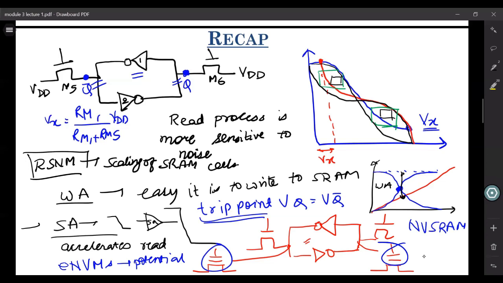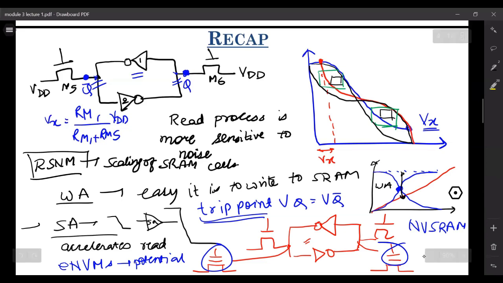There is also one more method called the N-curve method, where using just a single measurement you can find the RSNM and all these things. But even in the N-curve method, you have to access these storage nodes. So to mitigate that, what industries are using is also part of your assignment.